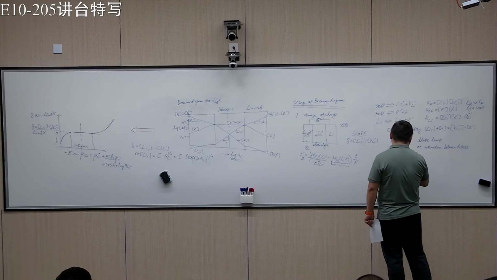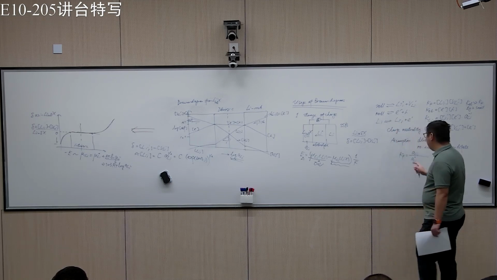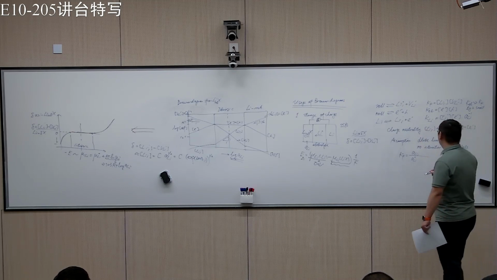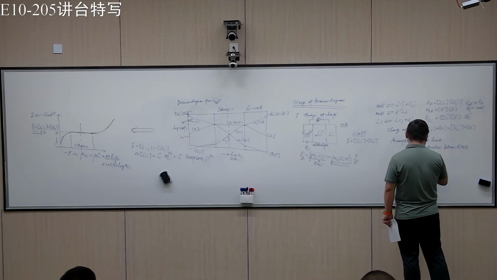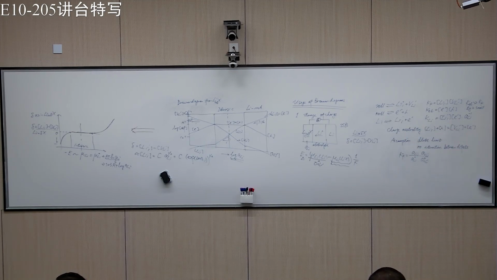For example, the Kf should be written like the activity of the defects over the standard condition. Again, it should be activity of lithium vacancies over the activity of standard condition. Something like this. But we just replace it with the fraction, the molar fraction, or some kind of concentration.